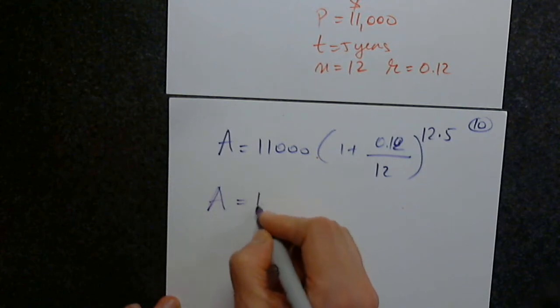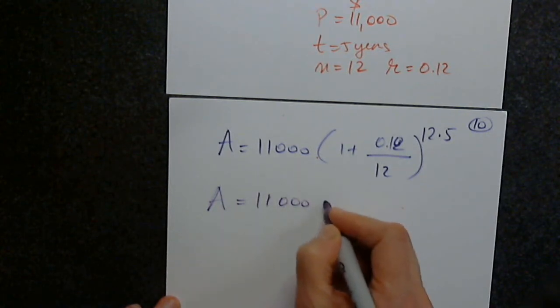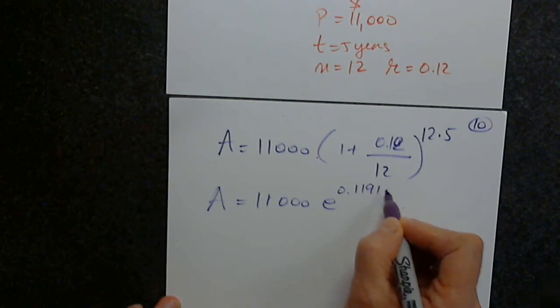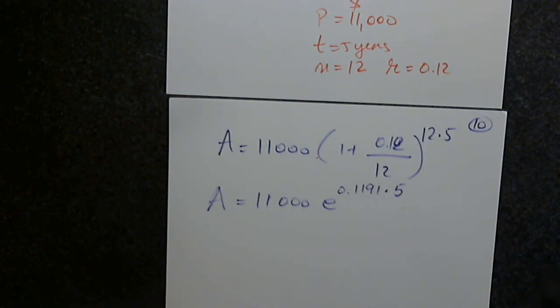And the second situation is 11,000 still, times e to the 0.1191 multiplied by 5 years. We will not create functions for these, because we only plug in one number.